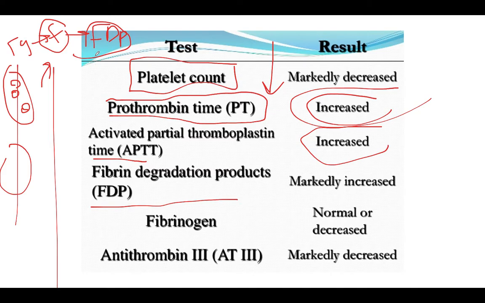So this will contribute to bleeding in other areas. Fibrinogen might be normal or decreased, because fibrinogen is converted to fibrin. And antithrombin III, which is the normal factor that inhibits some coagulation factors, will be decreased.